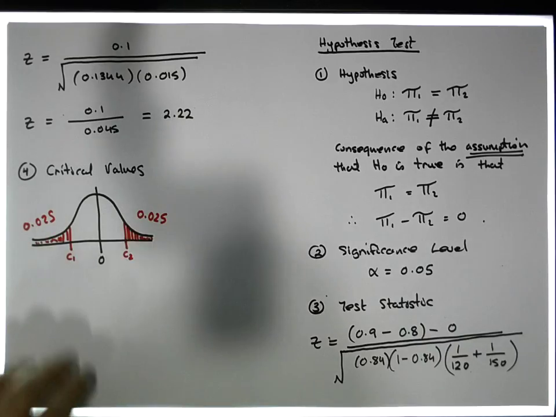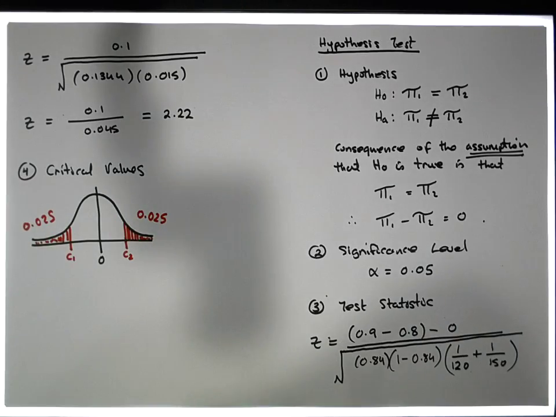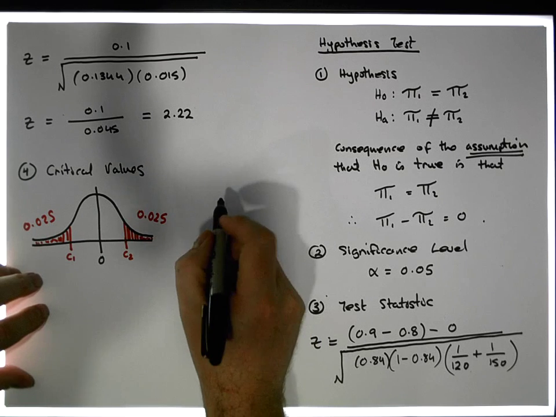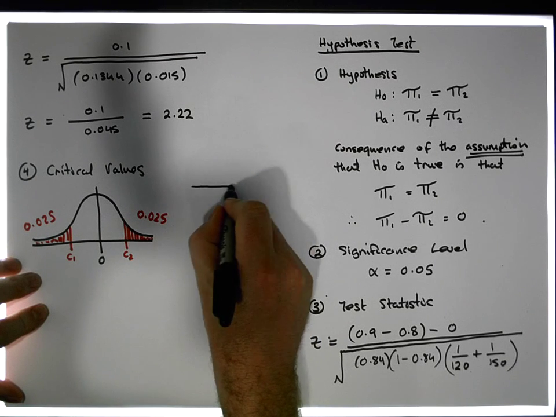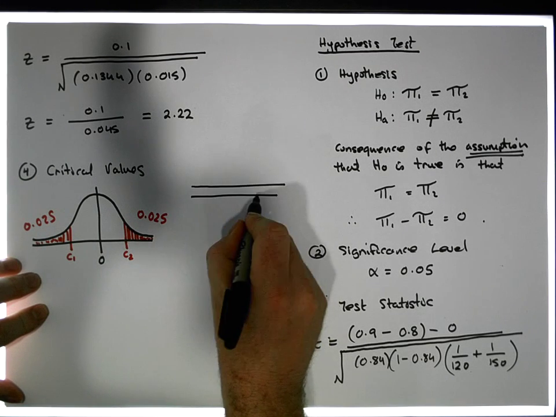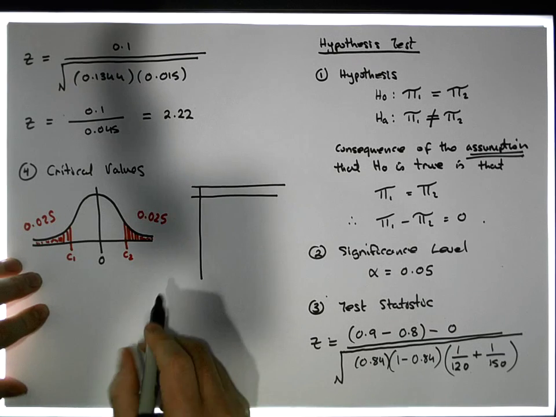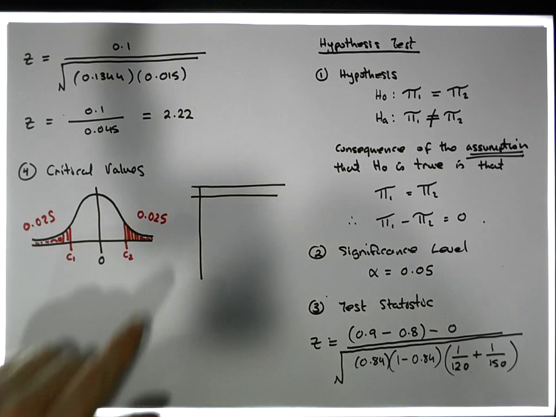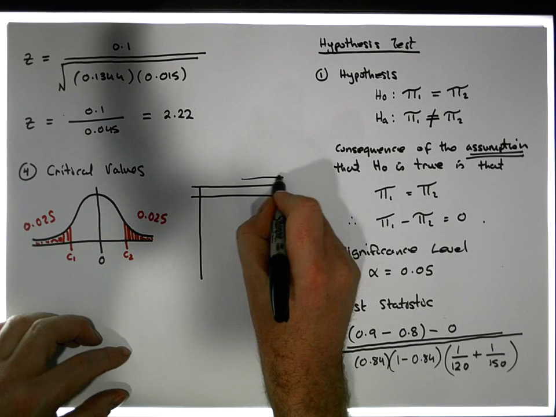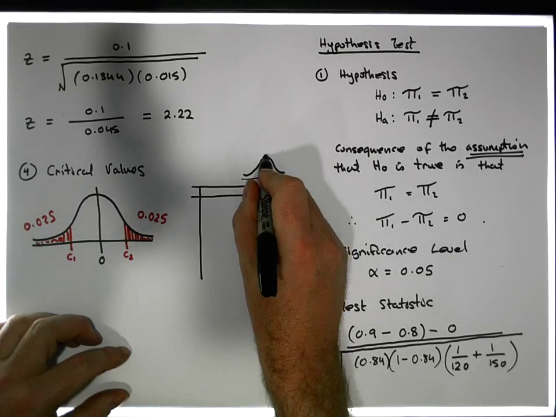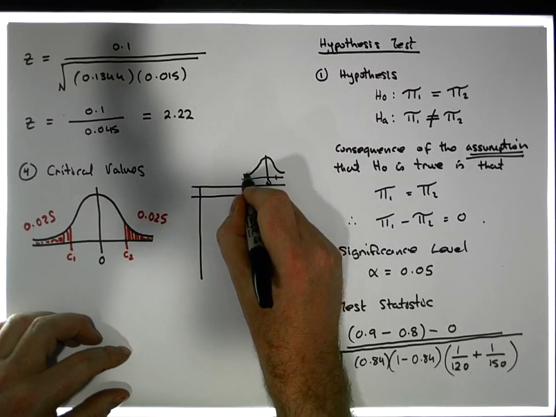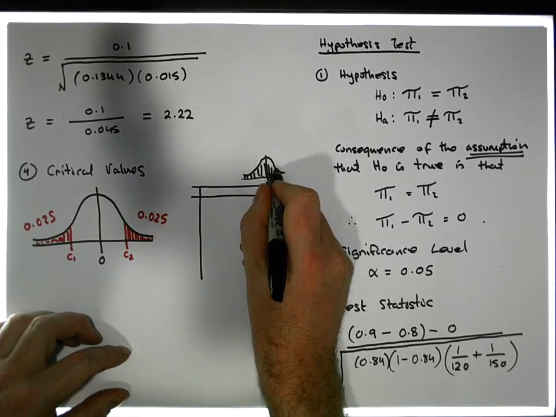Okay. Now to figure that out, we're going to need to go to our z tables. Our z tables give us cumulative areas, the cumulative area up to a particular value.